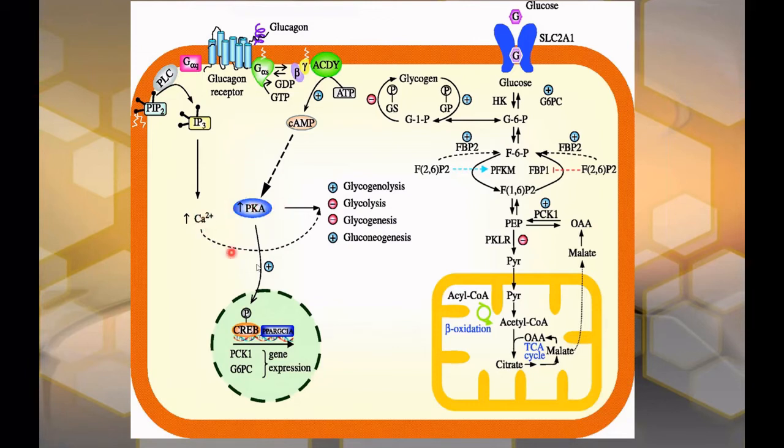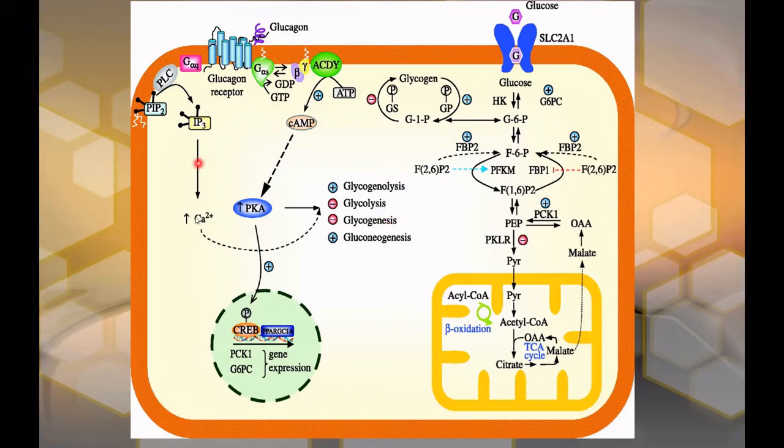The increased calcium concentration and the activated protein kinase A will cause the activation of the glycogenolysis pathway and the gluconeogenesis pathway, and it will inhibit the glycolytic and the glycogenetic pathways.